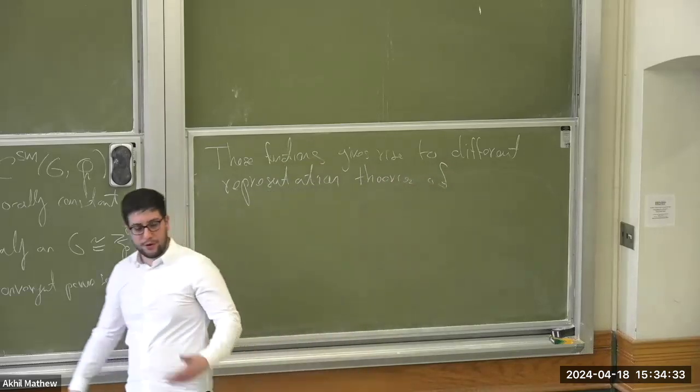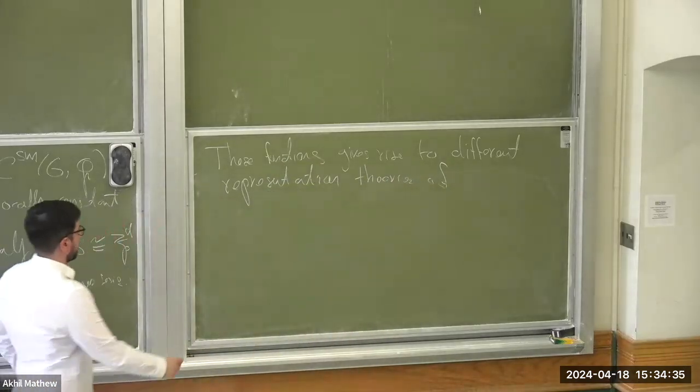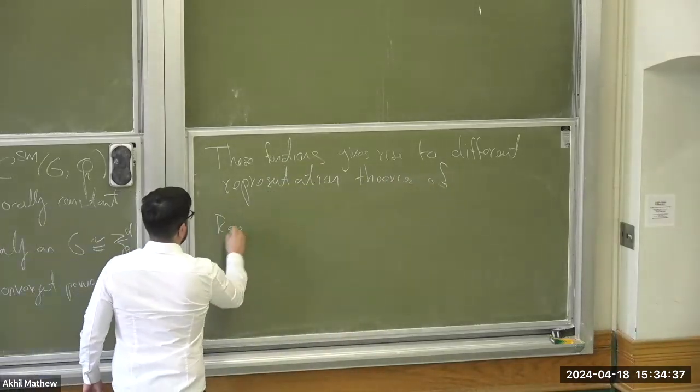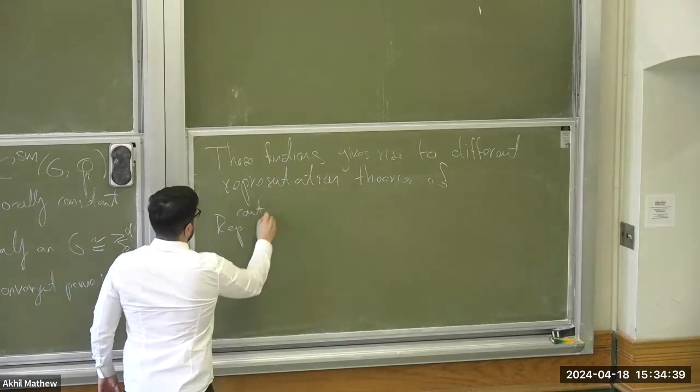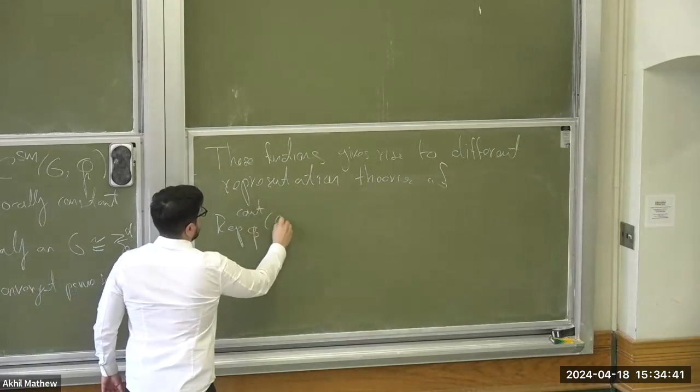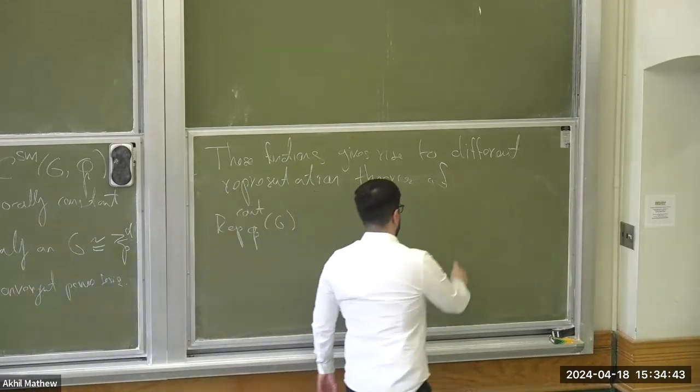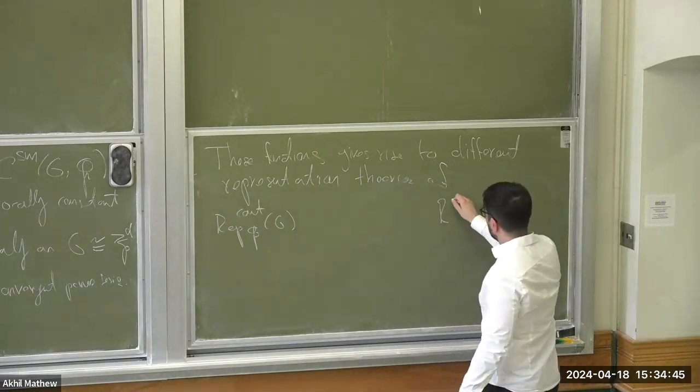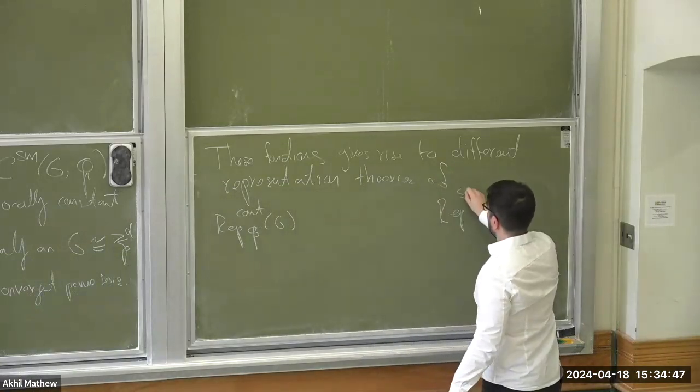Of course, continuous functions are concerned with continuous representations. Smooth functions are just the usual smooth or locally constant representations.